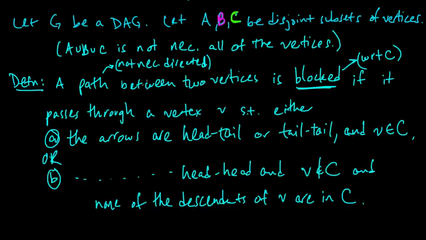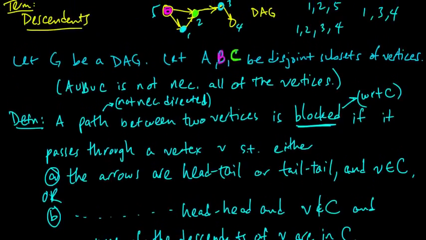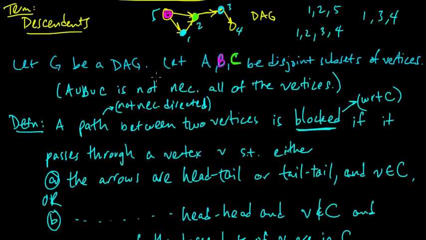Maybe take a moment to get your head wrapped around that. Let's think about this little graph here. A path, not necessarily directed, between two vertices is blocked. I just made this up on the fly, but let's see what happens. You should think of C as the set that we're conditioning on.